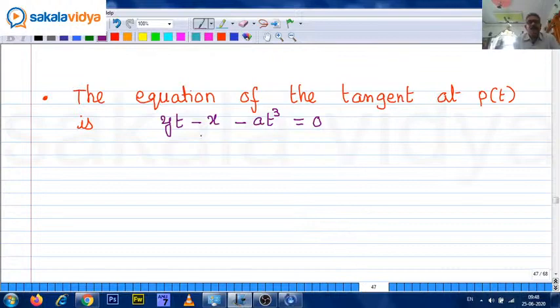Okay, yt minus x minus at cube equals to 0.